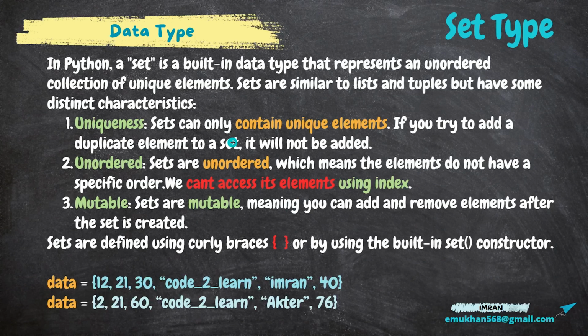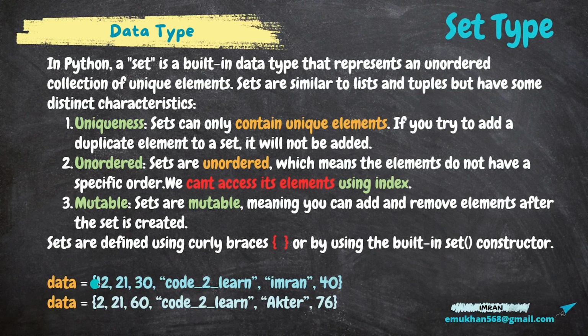But it is mutable. Sets are mutable, meaning you can add and remove elements after the set is created. Sets are defined using curly brackets. So if you would like to create a set, then you have to use curly brackets.